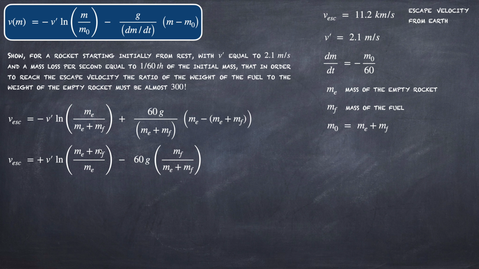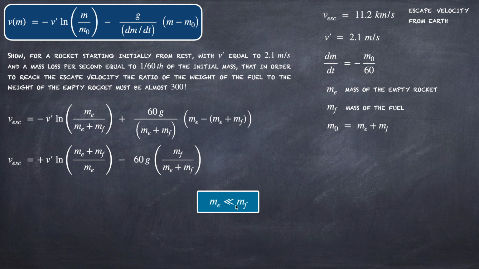So, mf over me. This is the ratio that we are looking for. In the argument of this logarithm, we can also write it as me over me, this is 1, plus mf over me, which is the ratio that we are looking for. But here, we also have mf and me. So we need to do an approximation here. And we know that me is much less than mf.